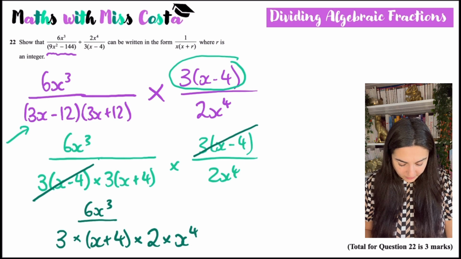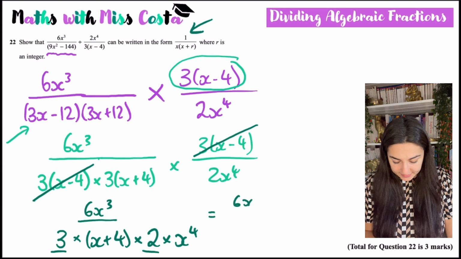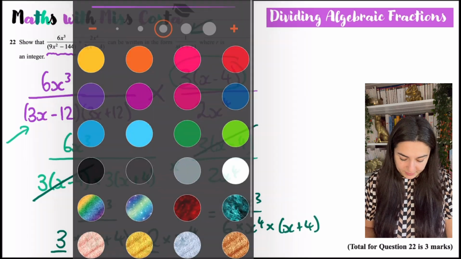I know I want to get this to be 1, so I essentially have to find out 6x cubed. So I could simplify this to be 6. So that would be 6x cubed over 6 times by x to the power of 4 times by x plus 4. So the 6 and the 6 would cancel out.